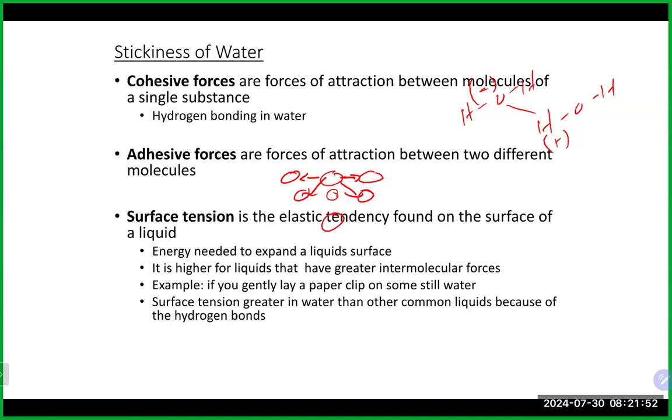There's no interactions going upwards. So you have this unequal pulling sideways and down, and it's going to make that surface a lot tighter, as opposed to a water molecule here in the center. It's going to feel attractive forces all around, and it's not going to pull itself out and make it like you see at the surface.